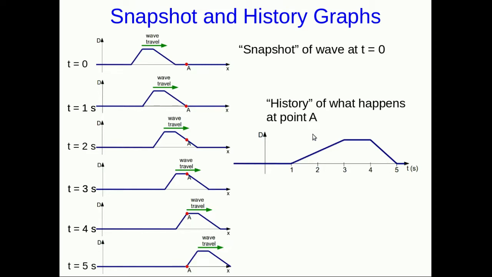Now, what I find most students get the most confused about is something which, if you recognize what's going on, is really very simple. It's the difference between the two graphs. A snapshot graph is a picture, just like a snapshot that you would take with a photograph, and so right is right and left is left. Duh.